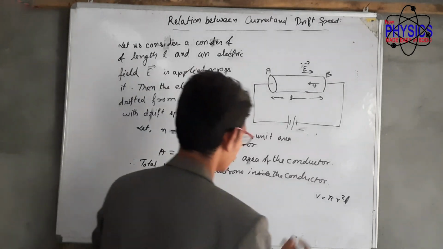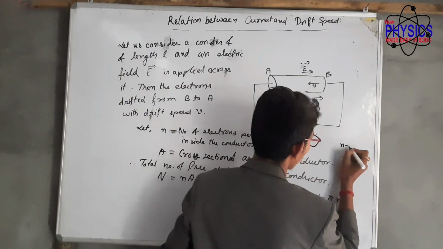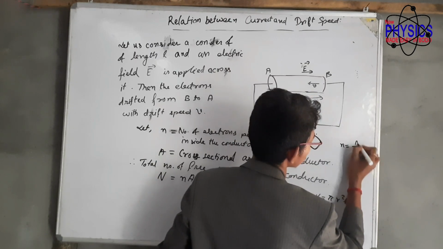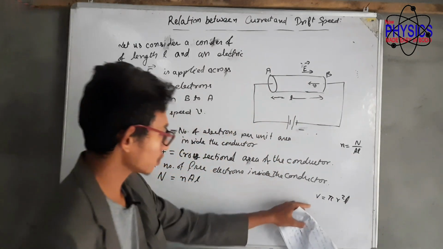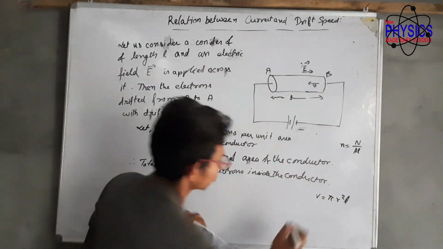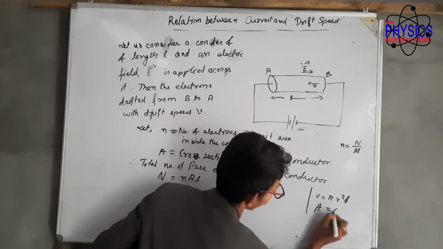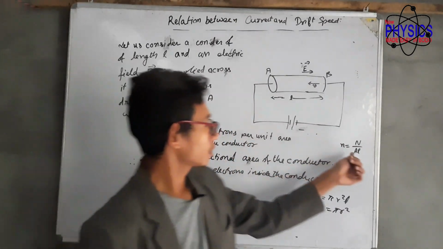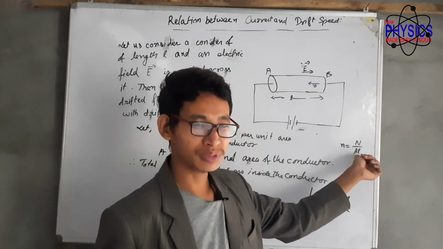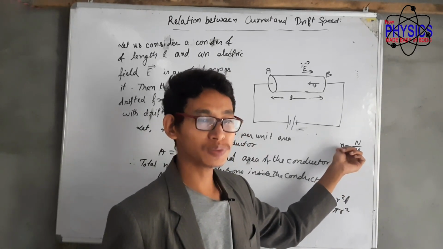So n means N by AL. Here A is pi r square, the cross sectional area. So AL means volume, and n means number of electrons per unit volume.